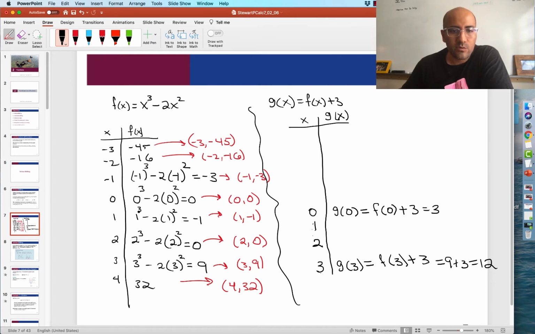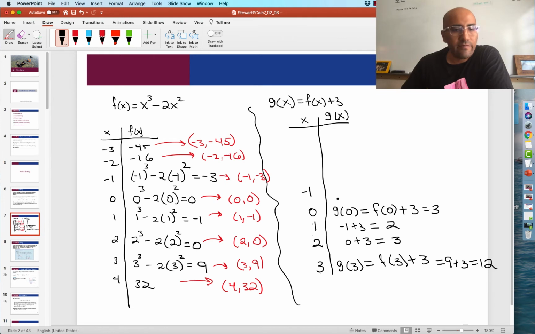So when x equals 1, I know the f function is going to be negative 1 plus 3. So this is going to be equal to 2. Negative 1 plus 3 equals 2. And then the 2 leads to a 0, so it's just going to be a 0 plus 3. It's going to be 3.